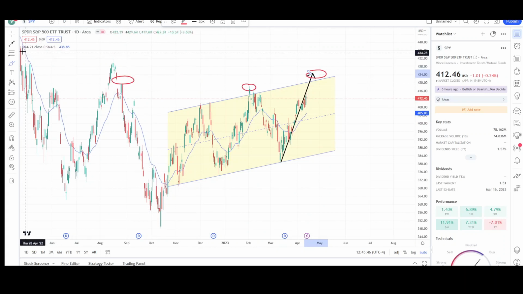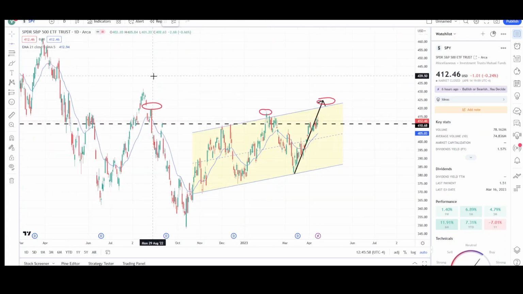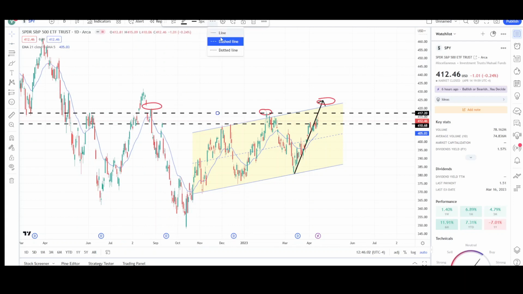So overall, we are finding minor resistance at this 410 level. That's why we continuously see all these red candles. We are finding resistance there, but the overall range looks to be a little bit higher. It looks to be right around the 417 level, with resistance at the 417, and support right around that 373 level.